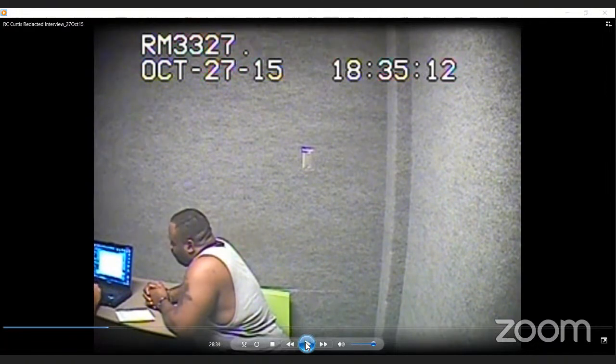Pause at 18:35:12. Detective, you were just showing Mr. Curtis something. Was it the ATM transaction? There was a copy of the ATM transaction that showed someone using the victim's debit card to check the balance. I see. I'm going to restart at 18:35:12.